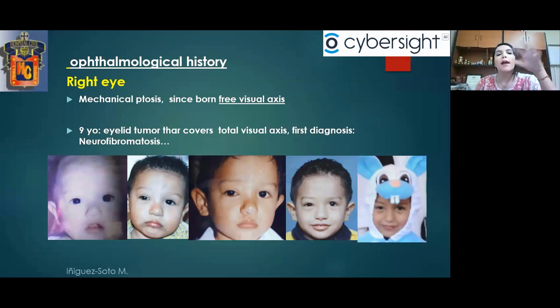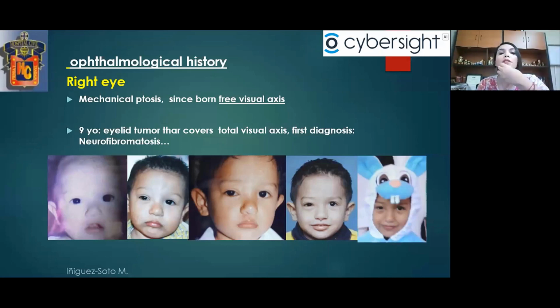The right eye has had mechanical ptosis since he was born. But if you see the evolution of the photographs, he always had the visual axis free. So it means that he does not have amblyopia of the right eye. And in the other hospital, they wanted to do an enucleation, so we have to pay attention here.